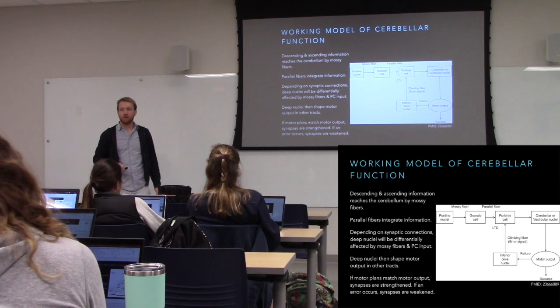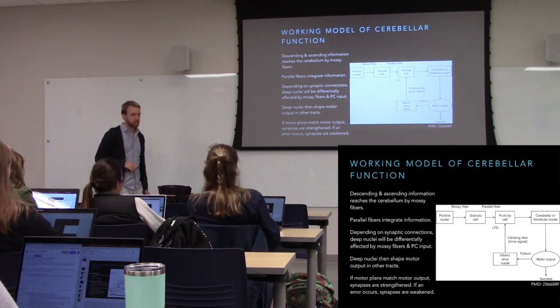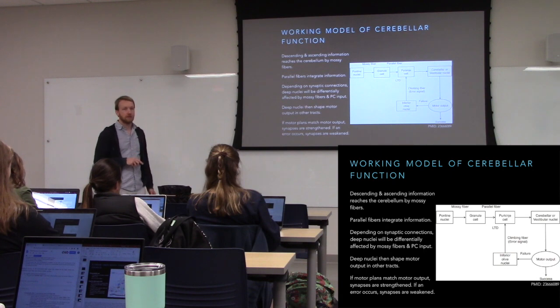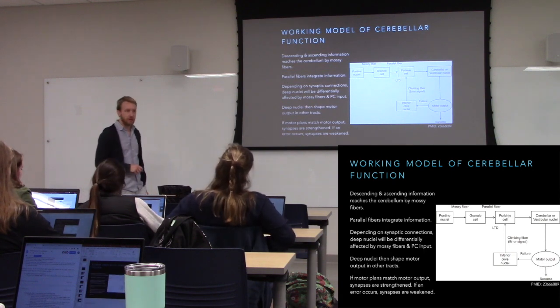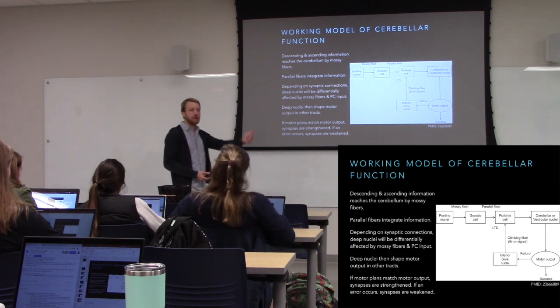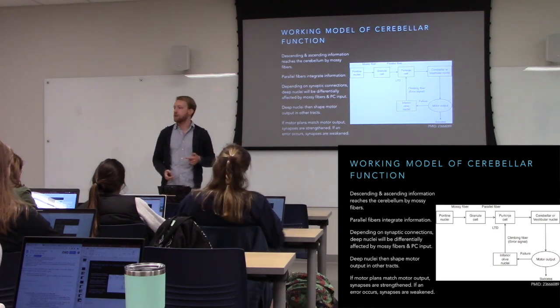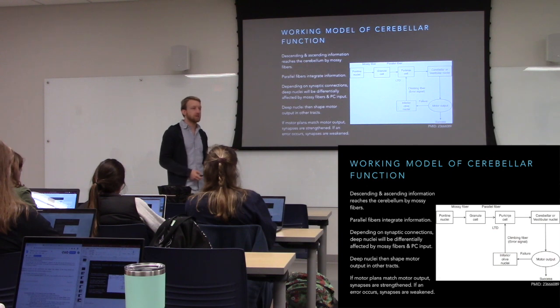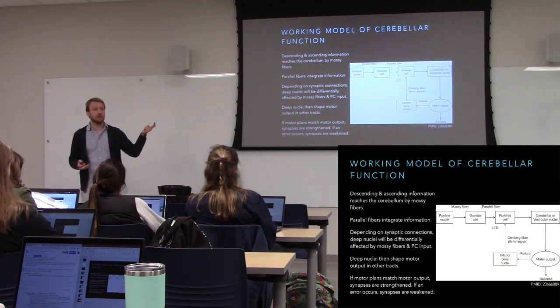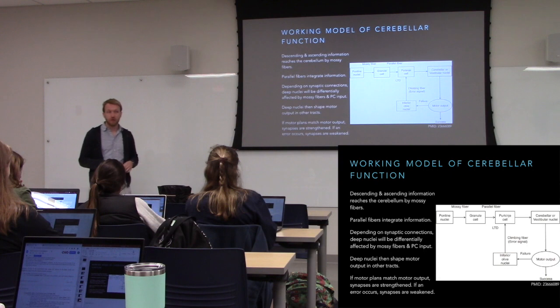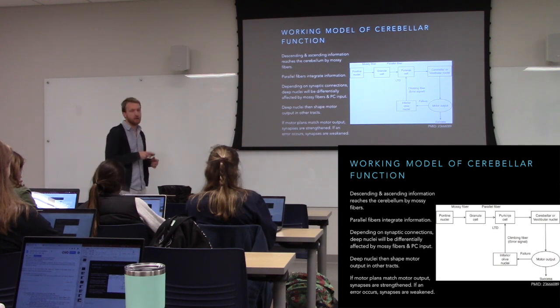So the working model for our cerebellum here is that some pattern of activity in the pons, in the spinal cord, in the vestibular nuclei, that's going to tell us what we are planning on doing, what's going on in our body, what's our sense of balance. So input from the mossy fibers is going to be different depending on our body position and our planned action. And those differences in input create a different pattern in our granule cells.